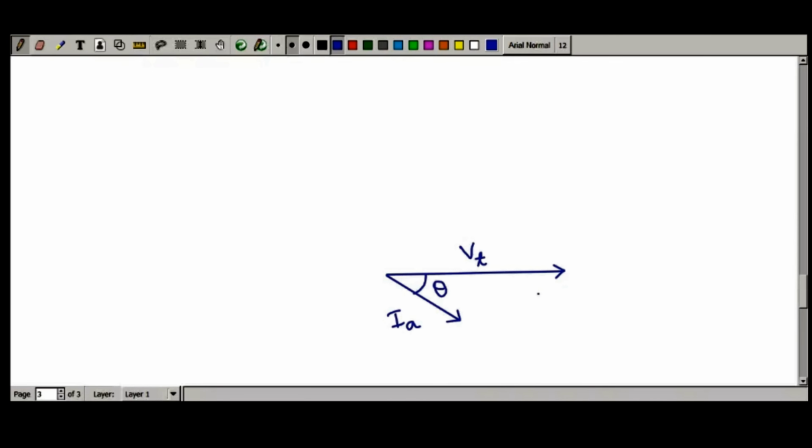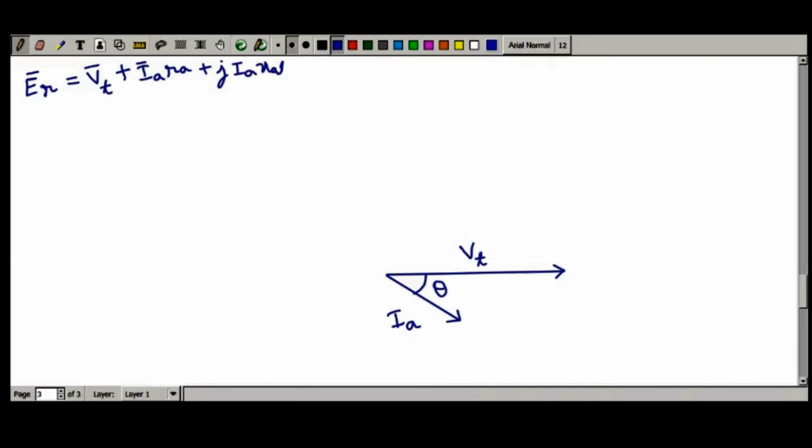Now what can we do? We can add armature resistive drop and armature leakage reactance drop so as to get the air gap voltage, that is ER. I am writing here in the equation form first, then I am drawing. In order to obtain the air gap voltage ER, you have to take the phasor sum of the terminal voltage Vt plus the armature resistive drop, that is IARA drop, plus the armature leakage reactance drop.